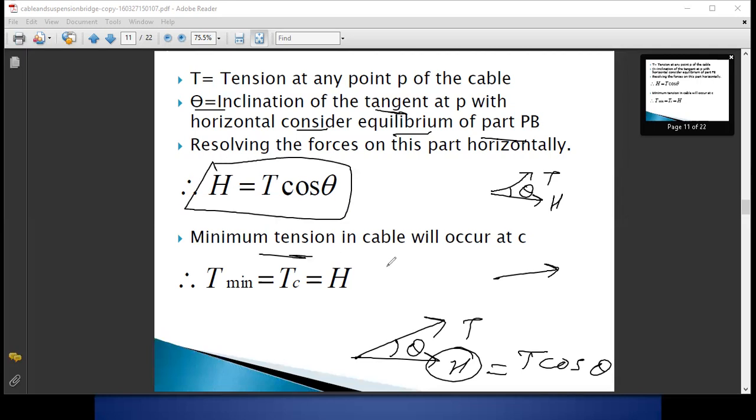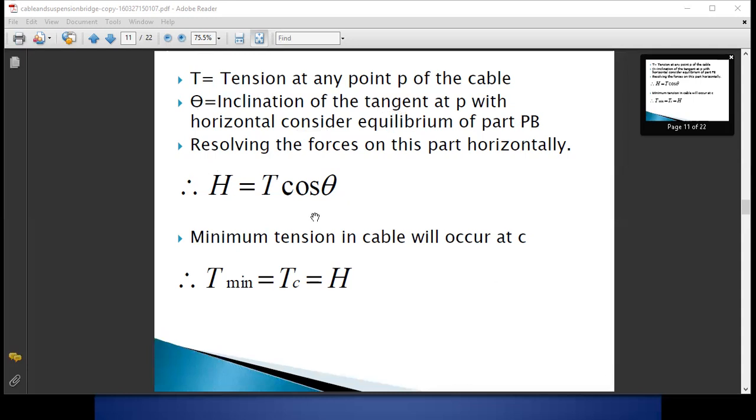So minimum tension in the cable will occur at C. Okay, that is nothing but T minimum at C is equal to H at this point, that is C. So minimum tension in the cable occur at this point. So it's nothing but your T minimum, that is your H.